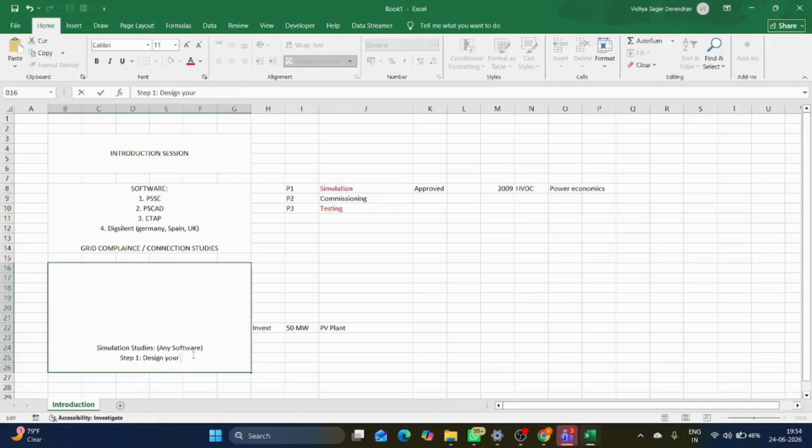Now we are not going to do that; I'm telling you which step we are coming to. In this design for the PV plant, they will determine how many inverters are required, the transformer rating, the cables and their layout, and the plant area.